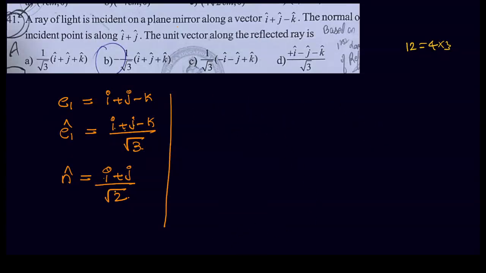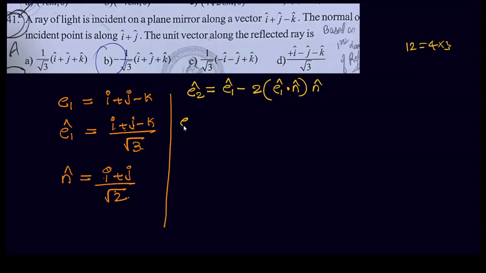So first thing here, this is ijk, so this is root 3, and i plus j. Now E2 cap equals E1 cap minus 2 into E1 cap dot n cap into n cap.